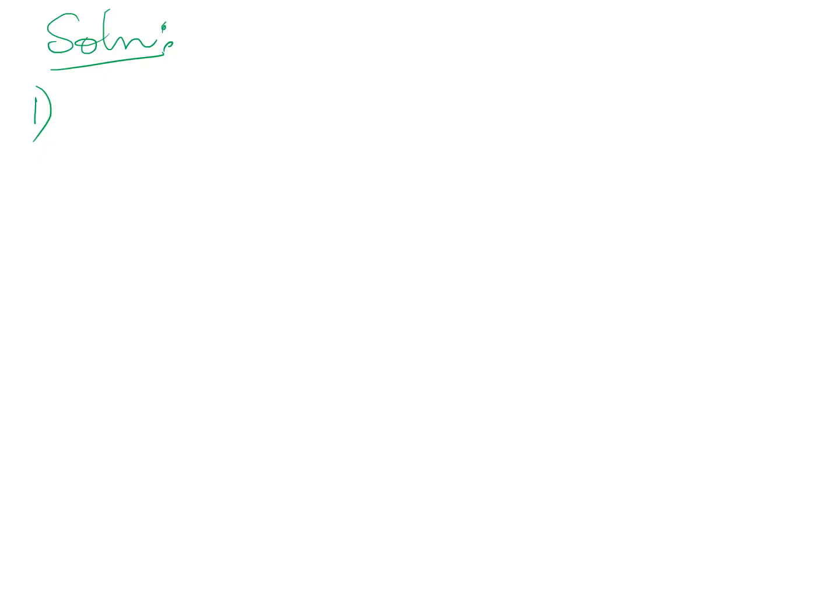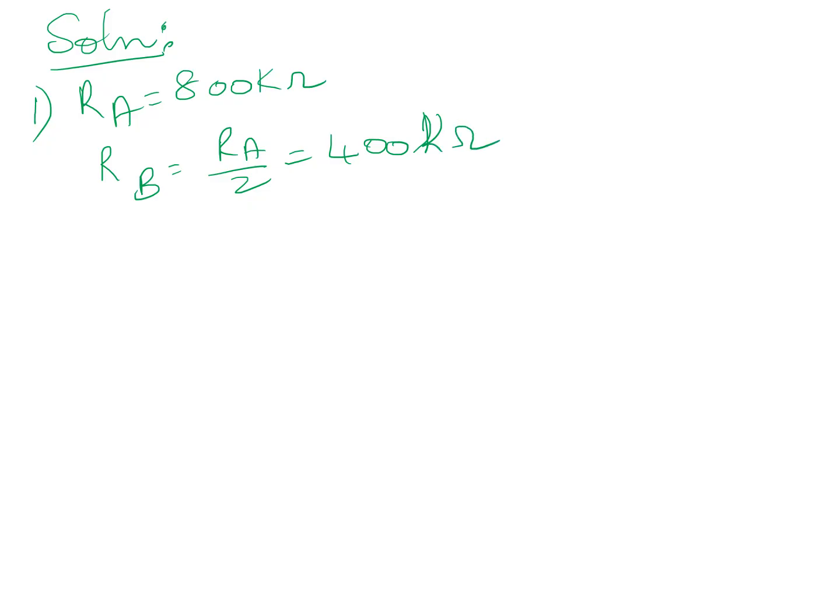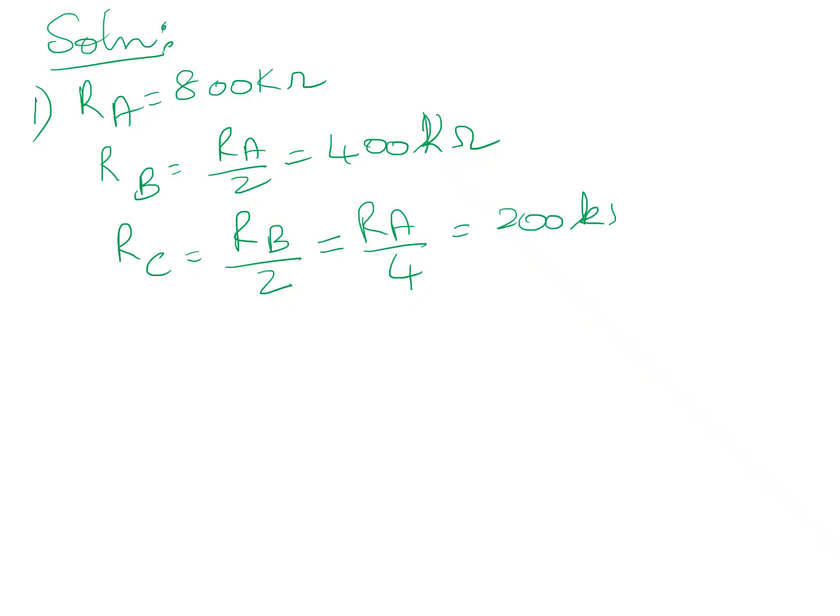So what was given? RA was given. RA is equal to 800 kilo ohm. We are supposed to find the other parameters. RB is equal to RA divided by 2, which is equal to 400 kilo ohm. RC is equal to RB divided by 2, or RA divided by 4, which is equal to 200 kilo ohm.